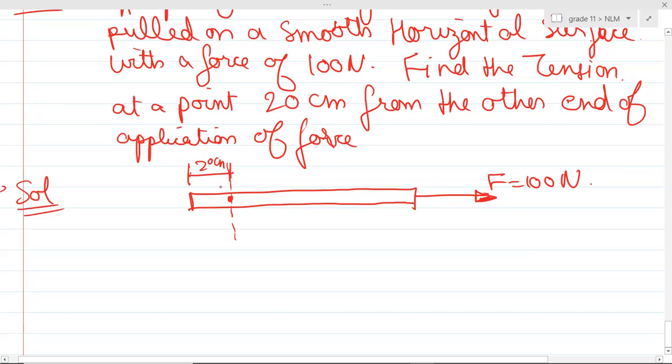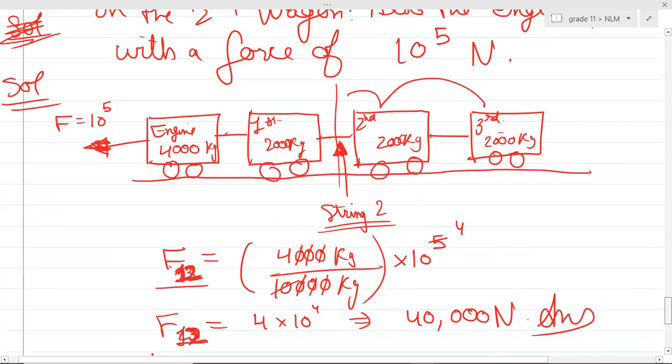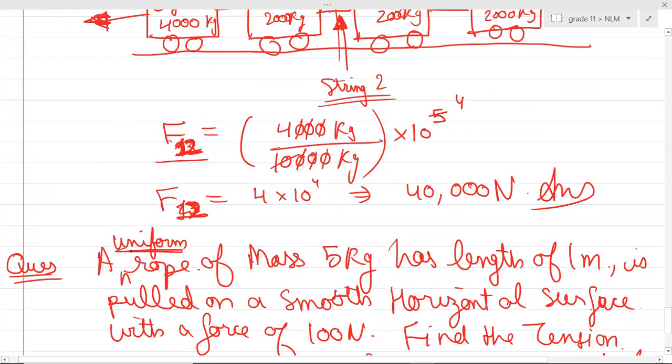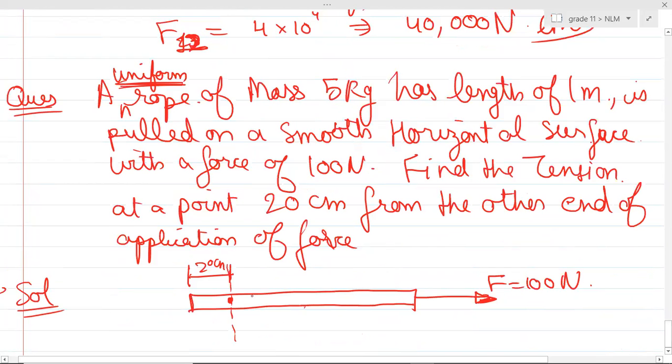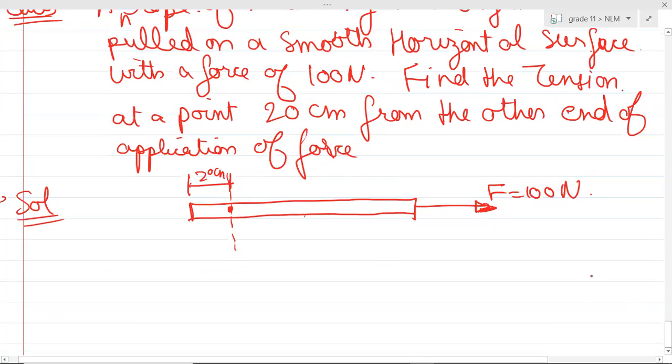Have I taught you how to deal with ropes having certain mass? No sir. See, this is again the same thing. Can you see the word uniform written over here? What do you mean by a uniform rope? That is, the mass is distributed uniformly over the rope, right? Yes or no? Yes sir.